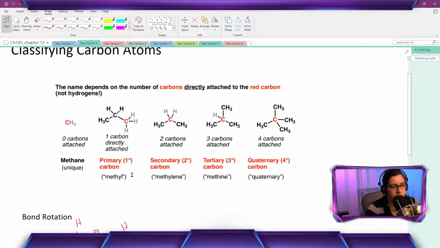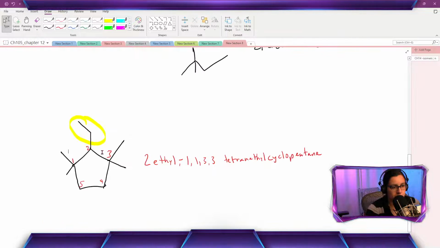And so this is where the names come into it. If it's attached to 1 carbon, that's why you say methyl or ethyl. And so going back to this one, it's attached to 1 carbon.